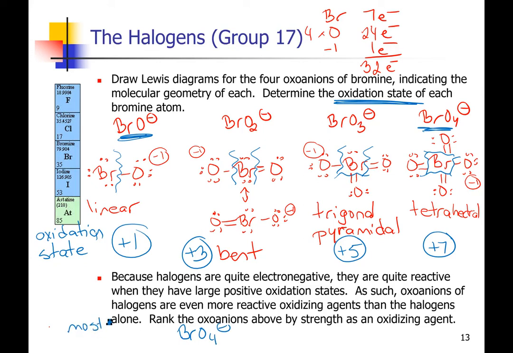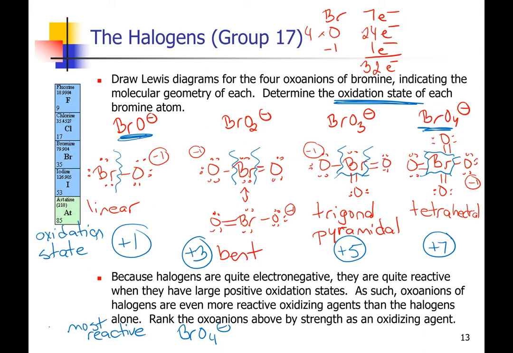It is going to be the species that is the best at gaining electrons so that other things can lose them, so that other things can be oxidized, making it the best oxidizing agent of this set of species. It's the one that wants to gain electrons the most. It is therefore the best oxidizing agent and the most reactive of these 4 ions.